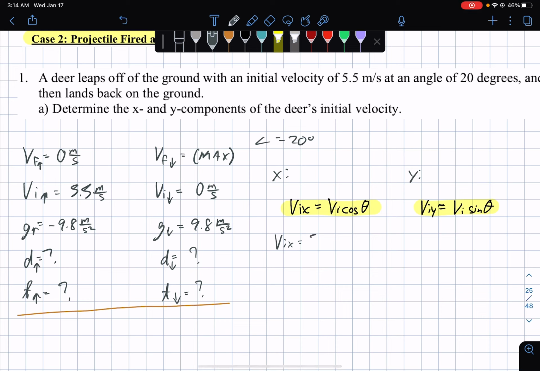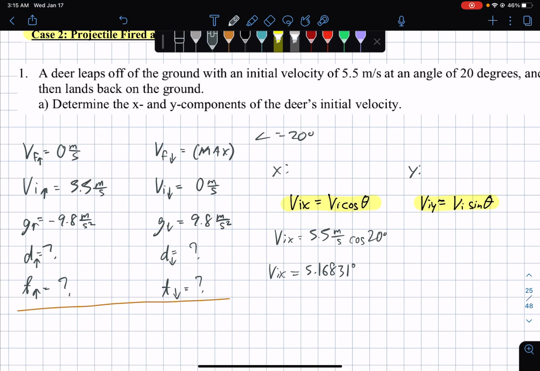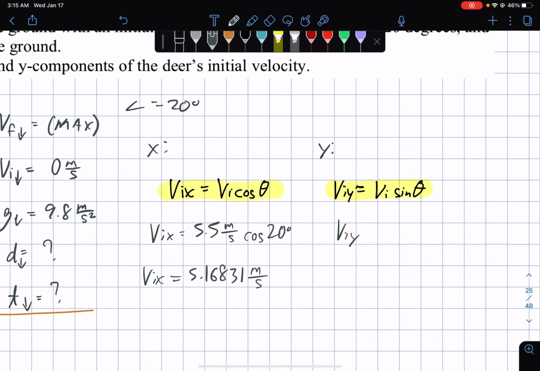It's always the Vi going up that we use. I am yet to know the reason why. So what does Mr. Calculator say? 5.5 cosine 20, 5.16831 degrees. Is it in degrees? No, just kidding. It's meters per second. My schema is getting rusty in this lesson.